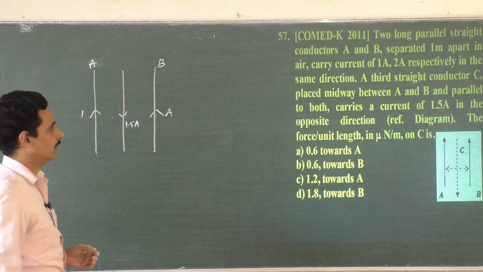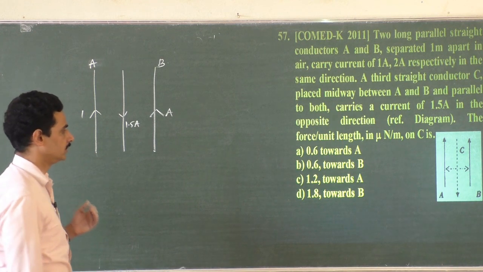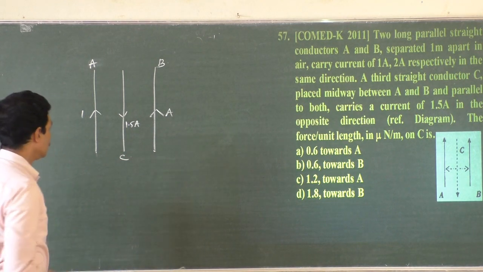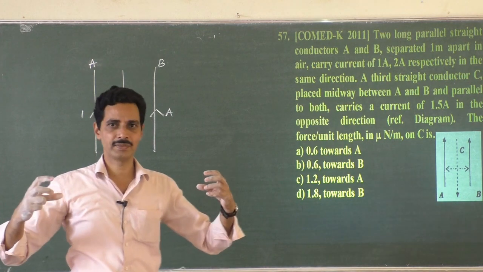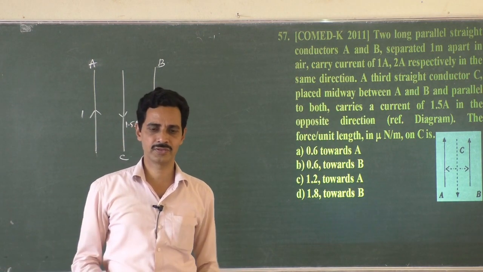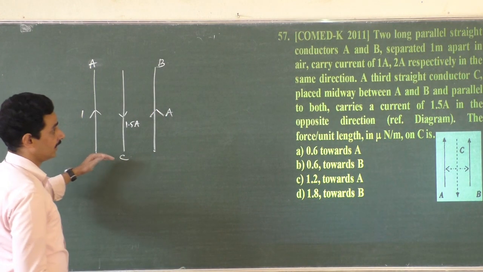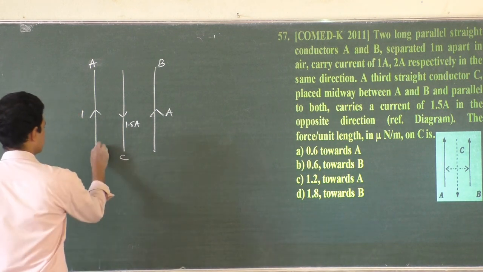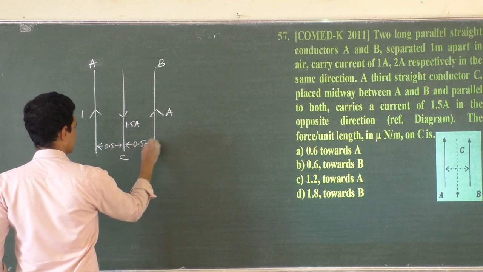Then the force per unit length in micronewton per meter on C is asked. What is the force on C? Now we will take it as if two charges are kept separated by a certain distance. What is the net force on the charge kept at the center? If they are separated by 1 meter, this is 0.5, this is 0.5, that is given.